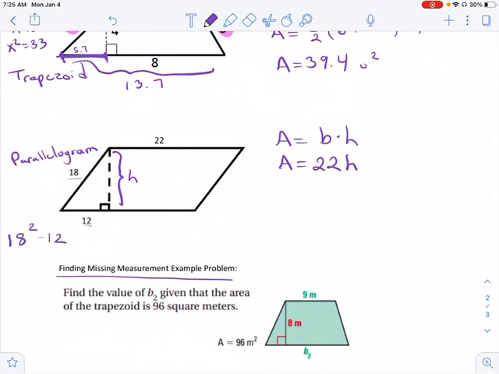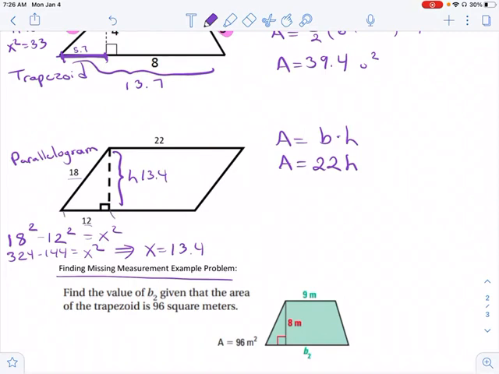So here I'm just going to say 18 squared minus 12 squared equals x squared, very similar to what we did up top. So I'm going to get 324 minus 144, which gives me 180, and then I'm going to square root that number. So that implies that x is 13.4. So that is going to be our height, which looks good if I just check the reasonableness of it.